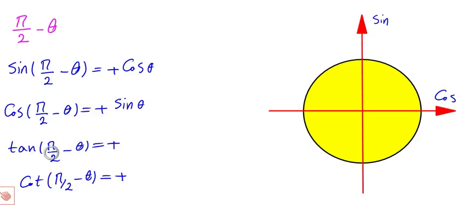And tangent of pi over 2 minus theta is equal to cotangent of theta. Cotangent of pi over 2 minus theta is equal to tangent of theta. Now let's move on to pi over 2 plus theta.